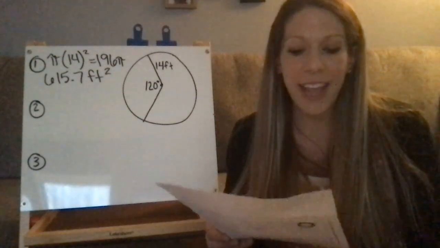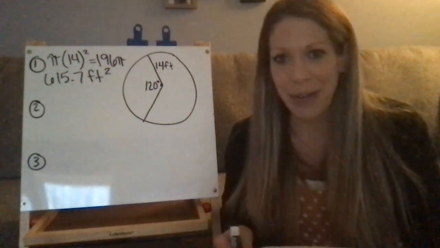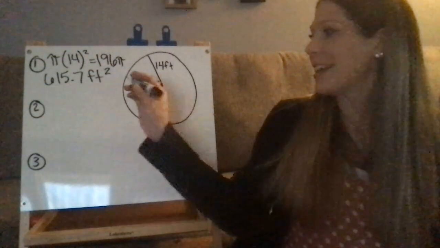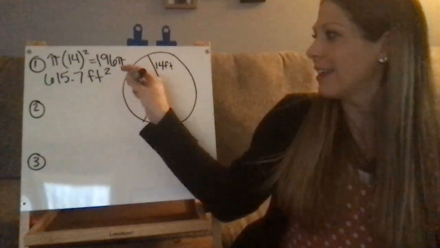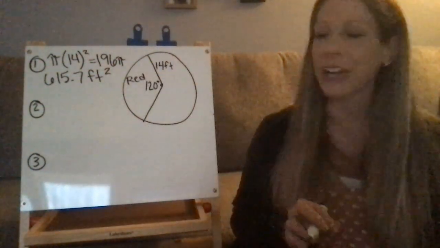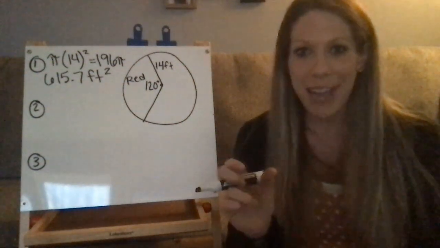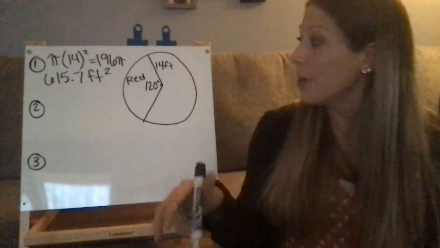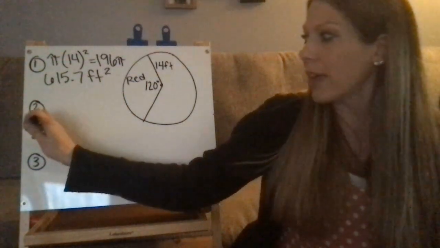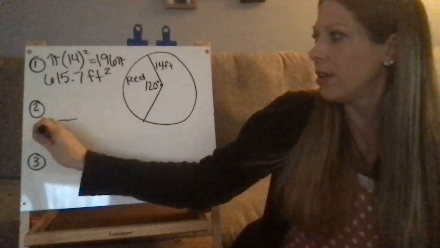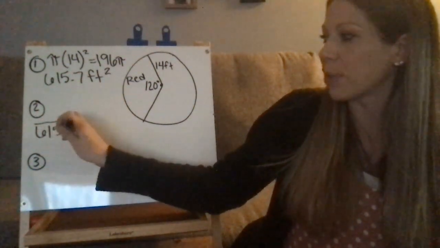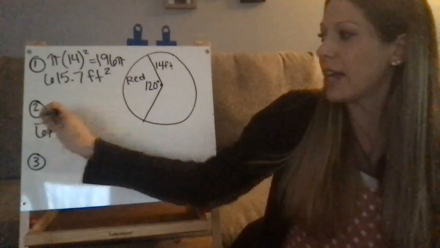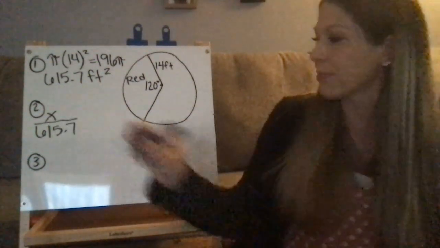The next one says find the area of the red sector. It's not red for you. The red part is this part right here, the one with the 120 degrees. So we're going to find the area of that sector. So we know now the area of the whole circle is 615.7. We do not know the area of the part.